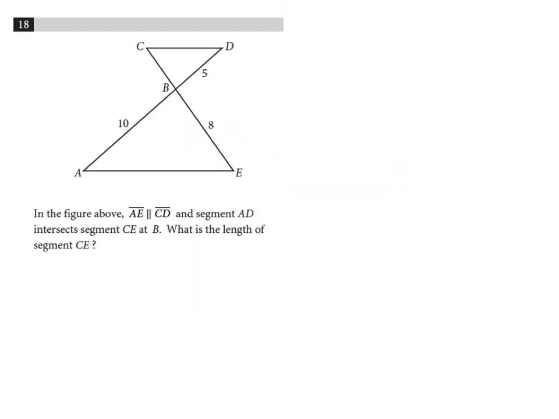Okay, so 19. In the figure above, AE is parallel to CD. The segment AD intersects segment CE at B, right here. What is the length of CE?